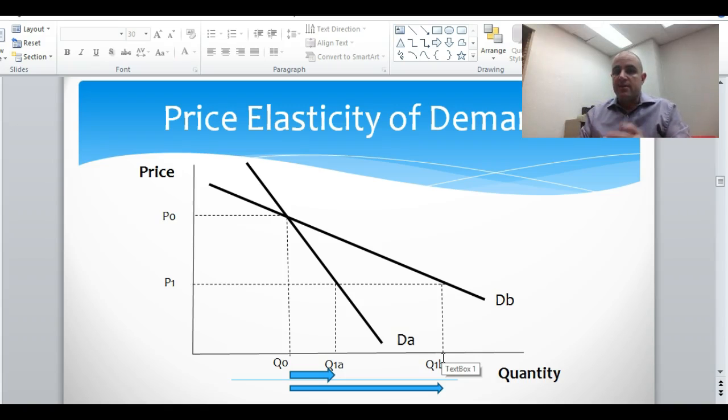Because of the implications in the business world and real life application, it becomes important to find a way to illustrate and measure these differences between demand. Because, for example, if you're a business owner thinking about decreasing or increasing your price, you want to have an idea of the implications of that.